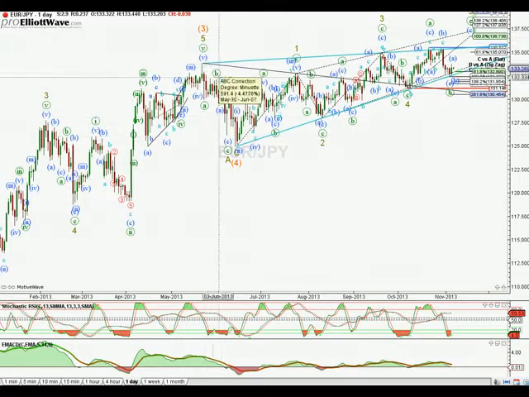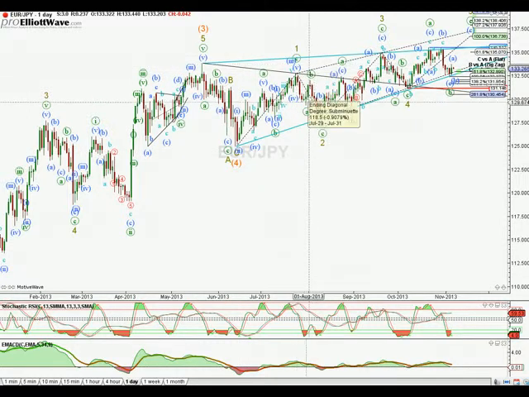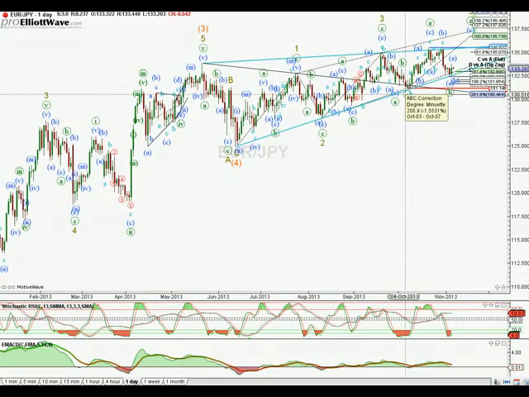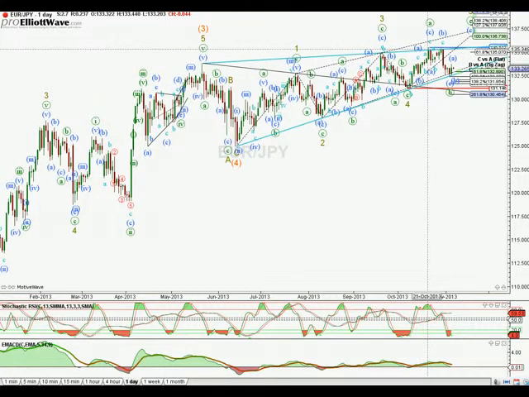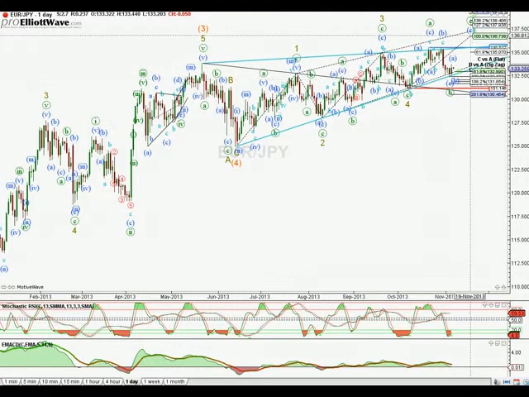You'll see after our 4 was formed, now we're starting this leading diagonal, 1, 2, 3, 4, and now we're working on the 5. Some people may argue that we have formed a 5 here, and this was the end of our wave. However, I'm not in that camp, and I believe that this was just the A of the B to the C of the fifth wave.